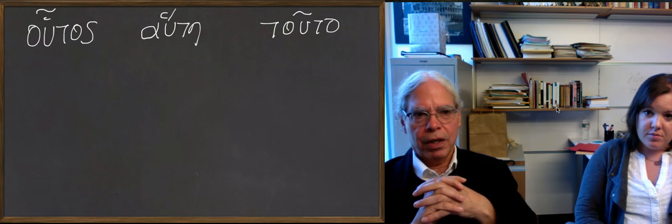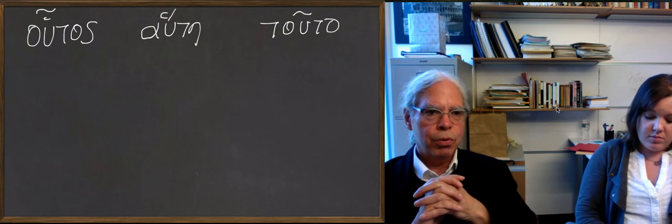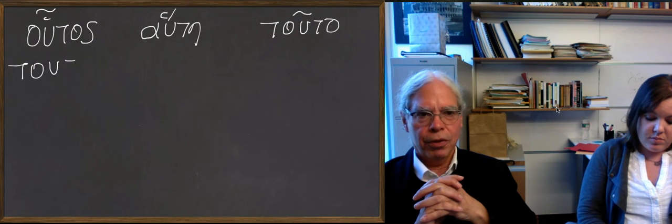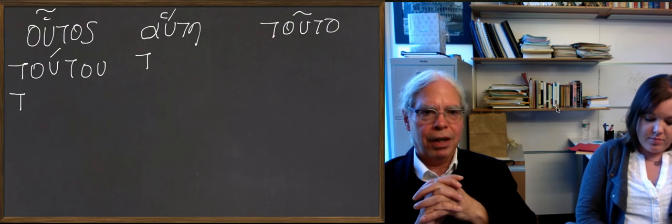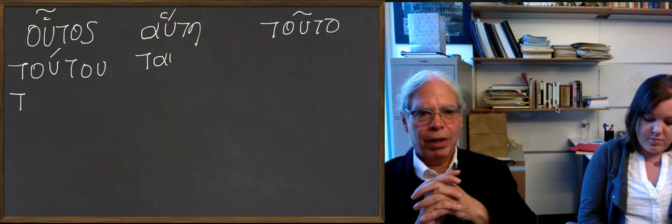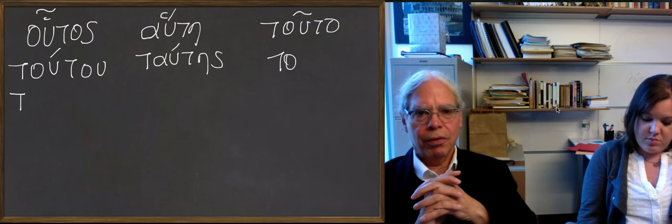There's something funny going on here. So let's look at the genitive singular. It's tu, with an acute accent on the first U. Tu, tautes. Okay, we want to do the dative. Tautes for the feminine. And then tu for the neuter.